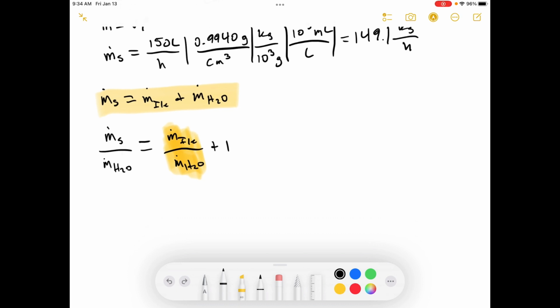How we relate this term to R: we take a look at R and we know that for every 100 grams of water, there's a small amount of grams of IL. So we know that most of the stream is going to be water. Let's keep that in mind.